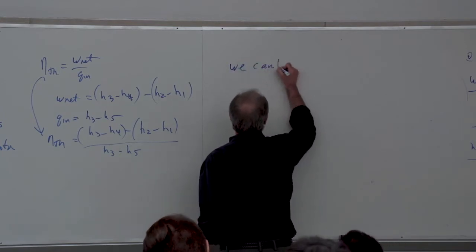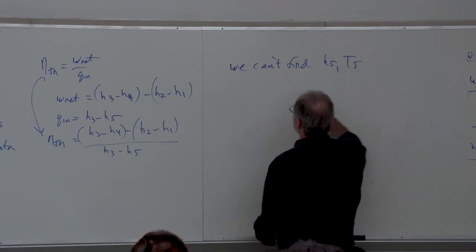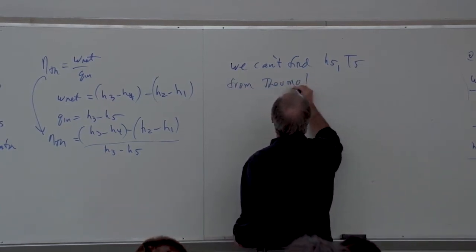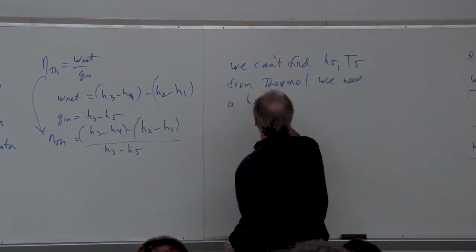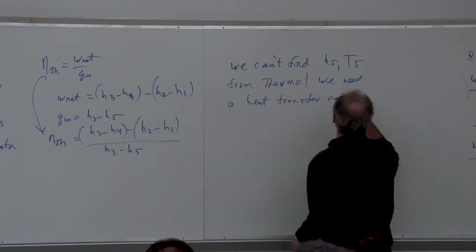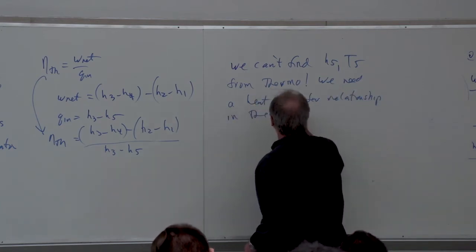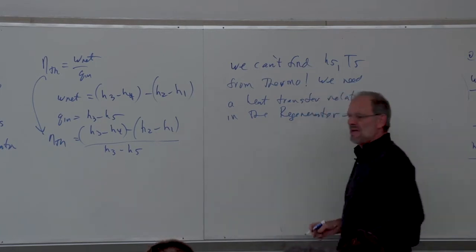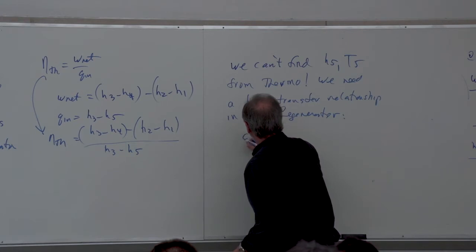So we can't find H5 or T5 from thermodynamics. Okay. We need a heat transfer relationship in this heat exchanger, that is in the regenerator. Okay. And that relationship is again called the regenerator effectiveness.